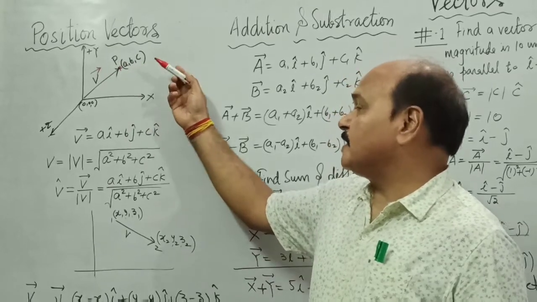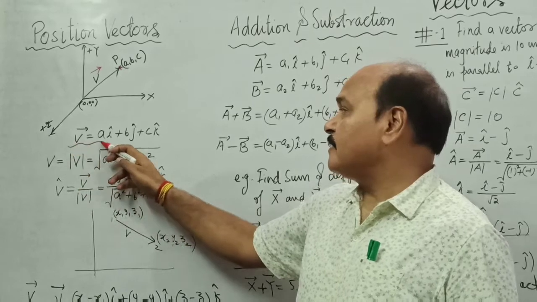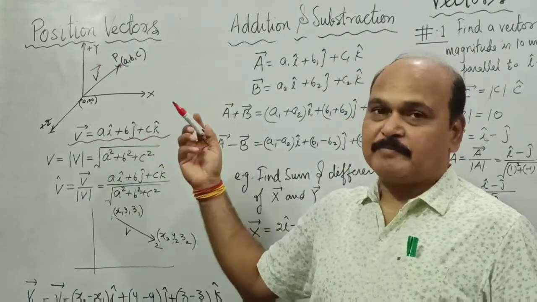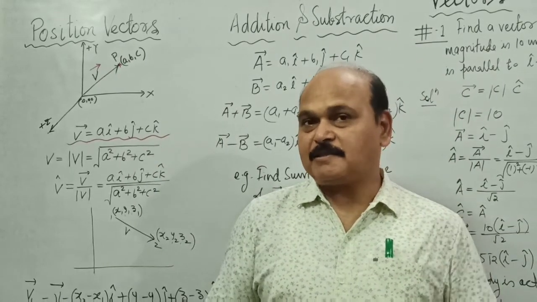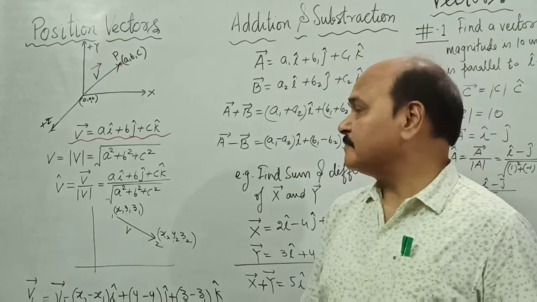This position vector is written as A i cap, B j cap and C k cap. A, B, C are intercepts along the x axis, y axis and z axis respectively.